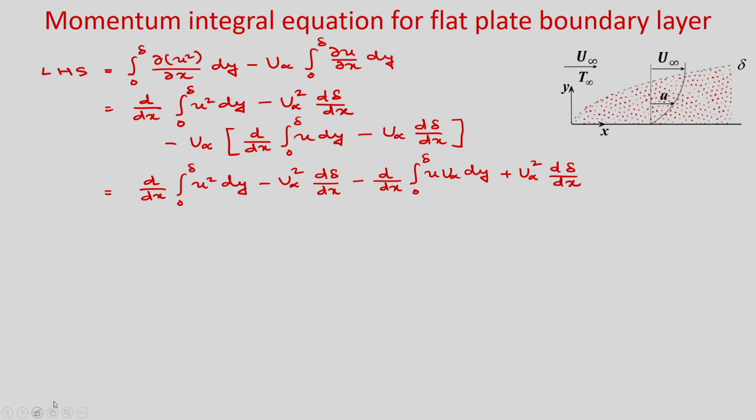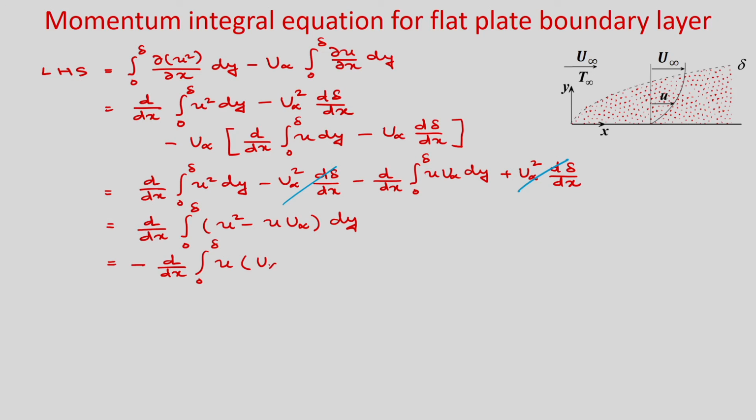Okay. So, you cancel these two terms, and you will get d/dx ∫₀^δ (u² − u u∞) dy, okay. And you can write − d/dx ∫₀^δ u (u∞ − u) dy.